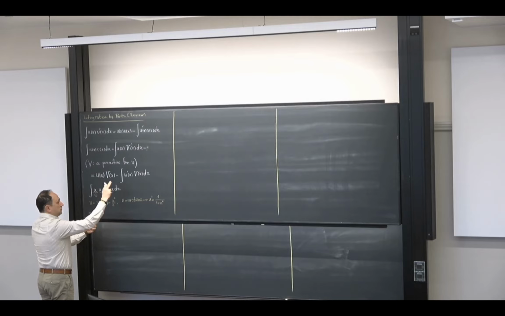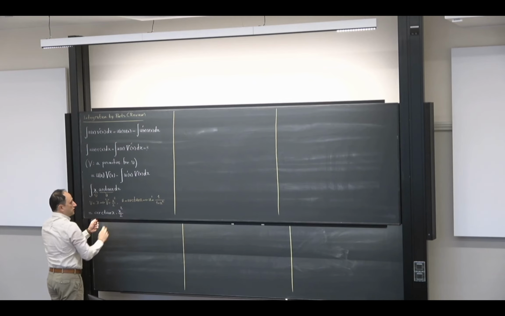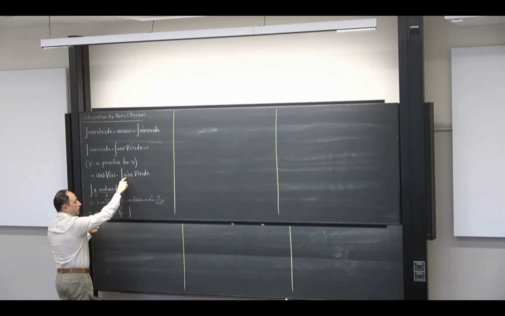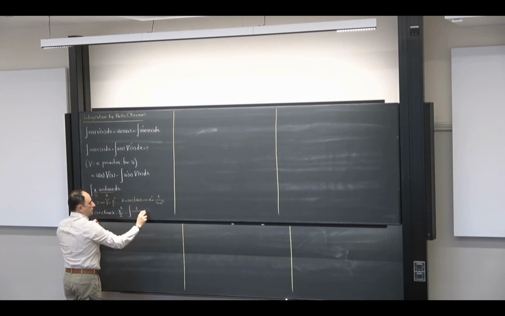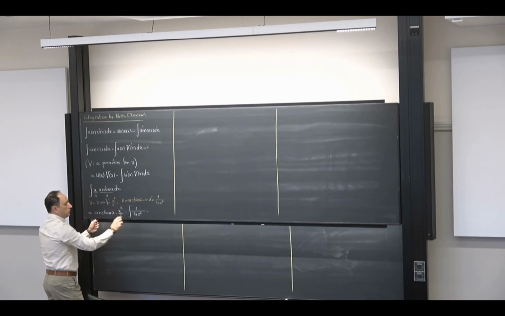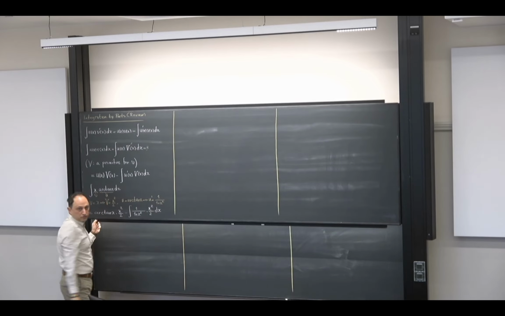U, which is this guy, multiplied by capital V. Capital V is x squared over 2. And then minus the integral of u prime, which is this expression, multiplied by capital V, which is x squared over 2, dx. Is that right?